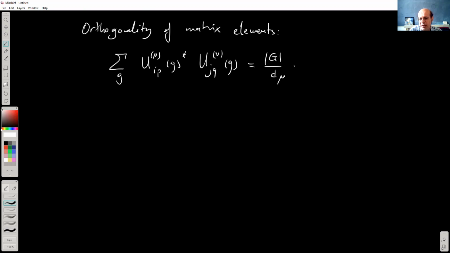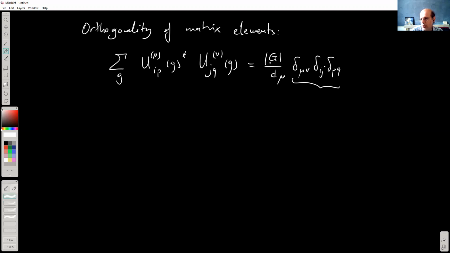d mu, the representation dimension, and then we have these three delta functions, right? I basically said that these three delta functions essentially say that these three indices are equal to the corresponding indices in here, right? In any case, usually there's this group order in here that appears.